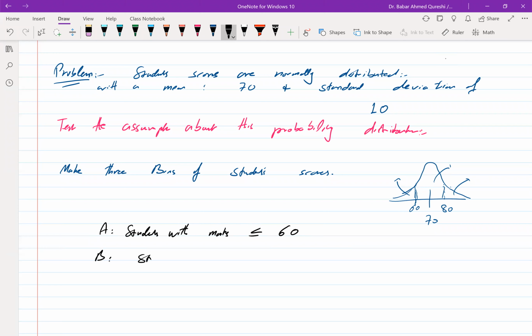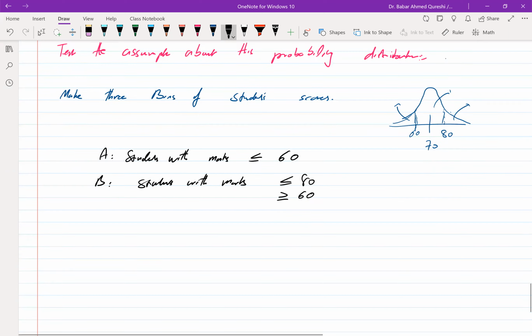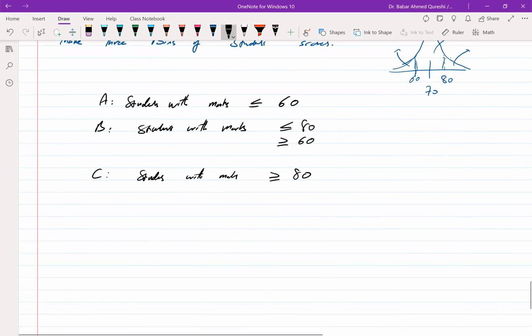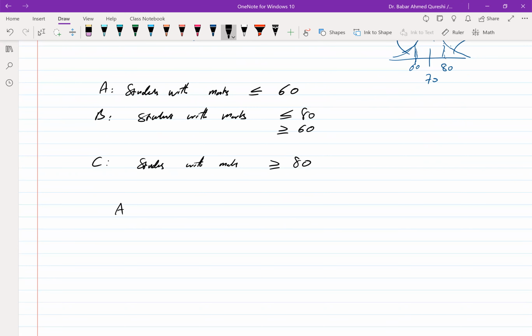Category B, students with marks less than or equal to 80 but greater than or equal to 60. And category C is students with marks greater than 80. So I have these 3 categories, A, B, C.